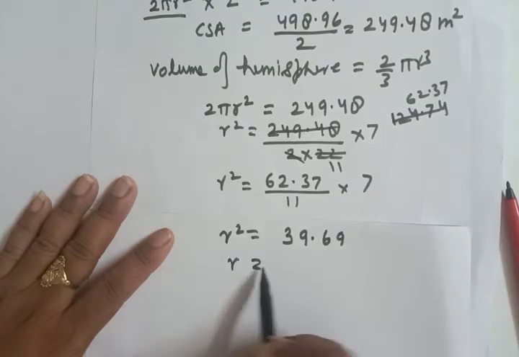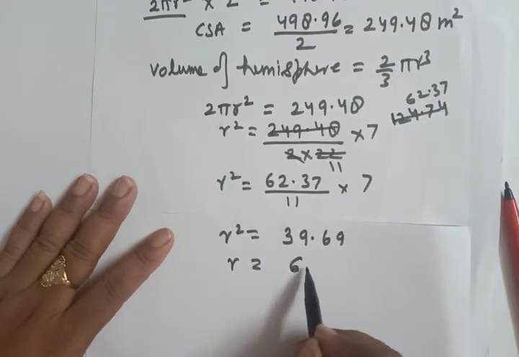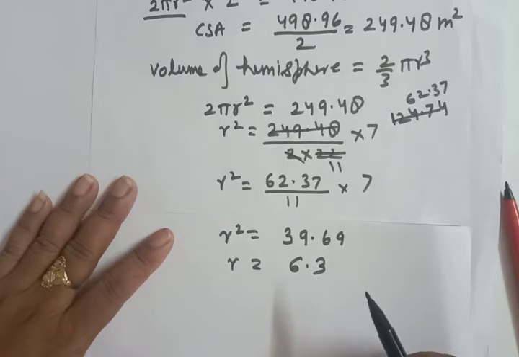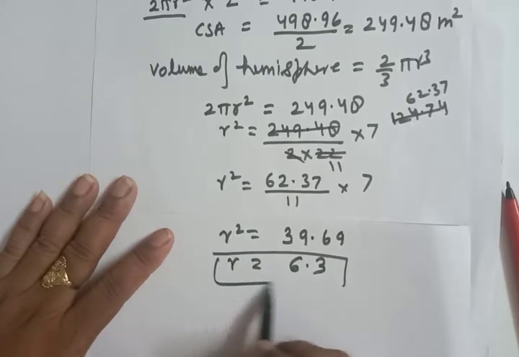Now r is equal to, if we take the square root of this, 6.3. So we have got the value of r.